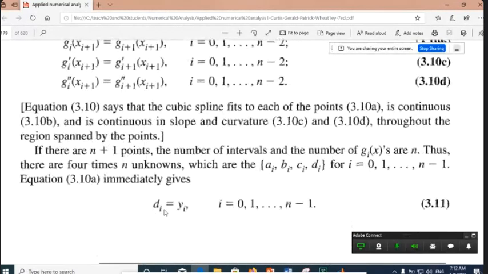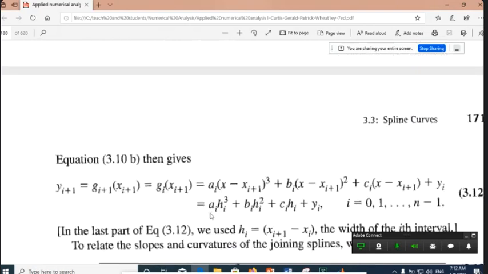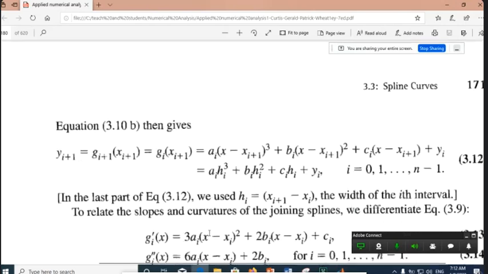We can easily get d_i as the value of y_i, the value of the function at i. Equation 3.10b gives y_{i+1} equals g_{i+1}(x_i) equals this value plus y_i, a_i h_i cubed plus b_i h_i squared plus c_i h_i plus y_i.